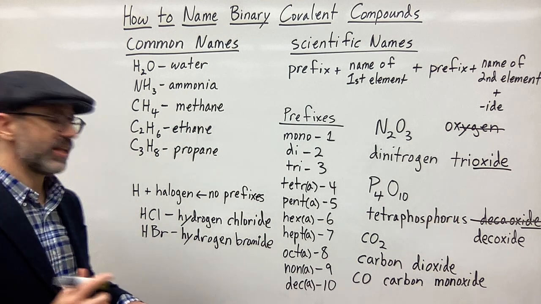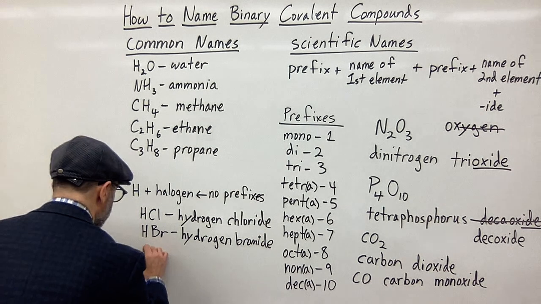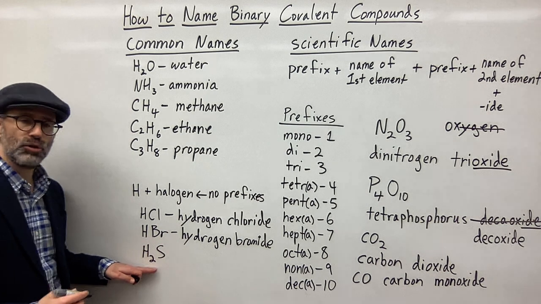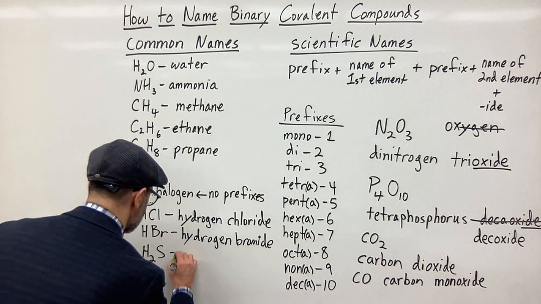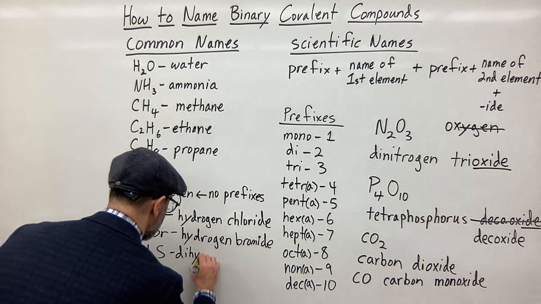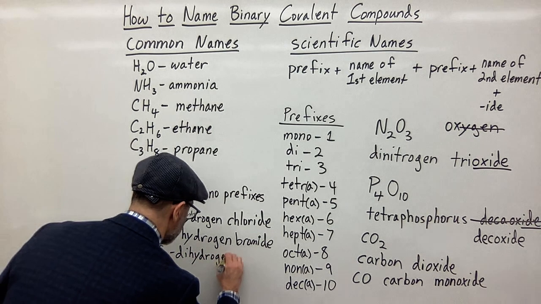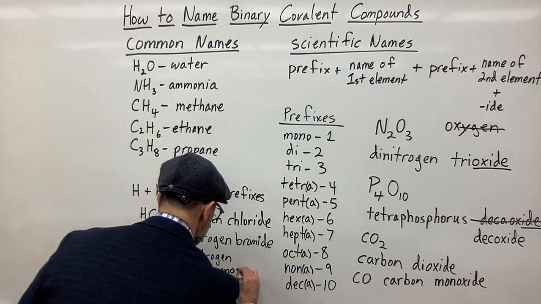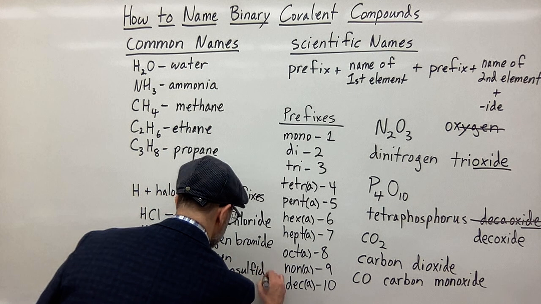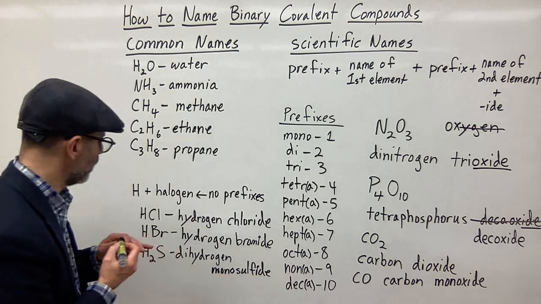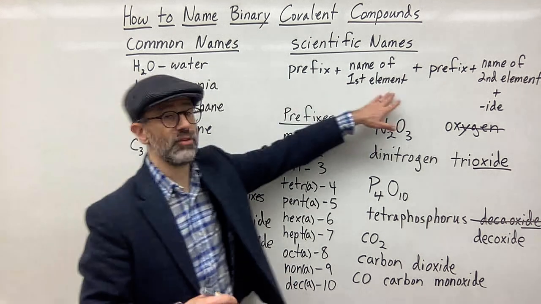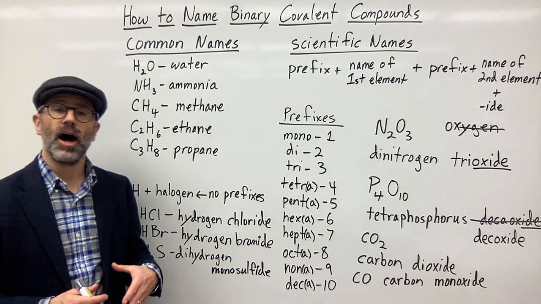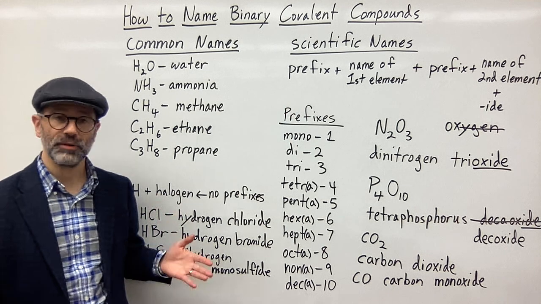And then in addition to that, we could do the same thing for H2S. So here you could say this is dihydrogen monosulfide, right? That would be the way to name this according to this way of naming. But again, this is one of those where a lot of times it's named without any prefixes.